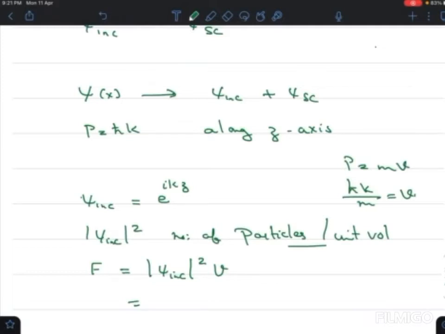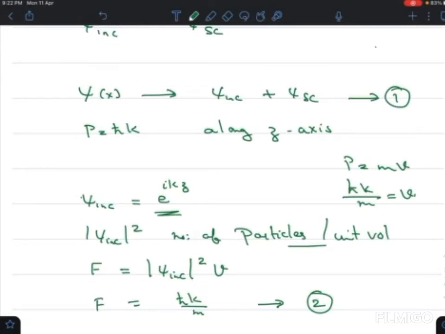That is, e raised to i k z modulus squared is equal to 1. So what we have is h cross k by m. Let's put this as equation number 1 and this as equation number 2. F is equal to h cross k by m.